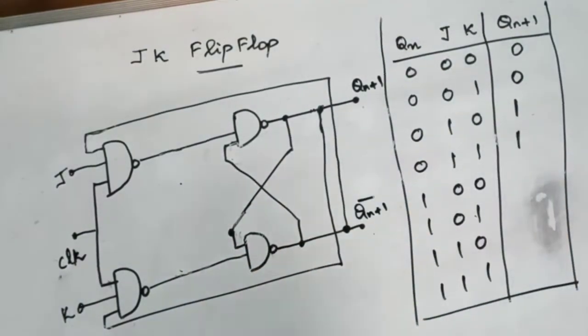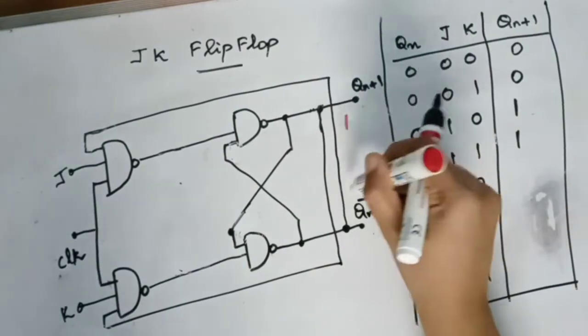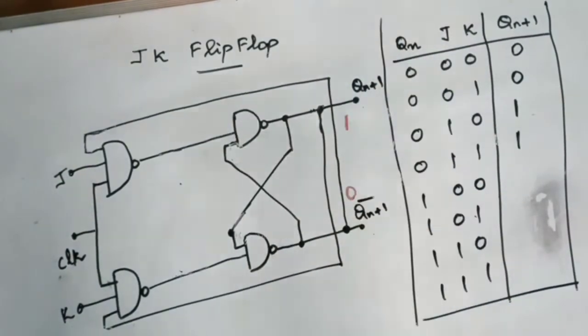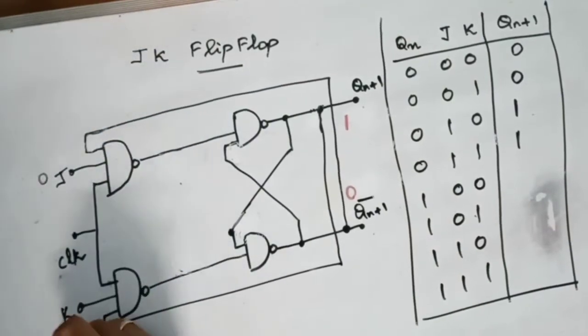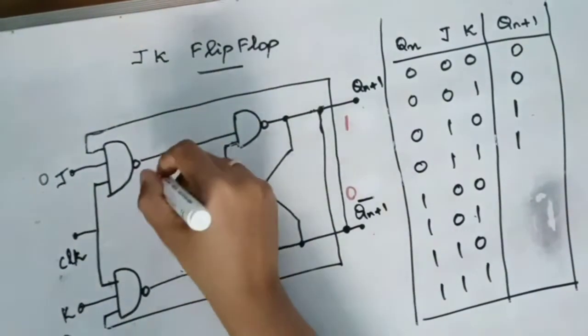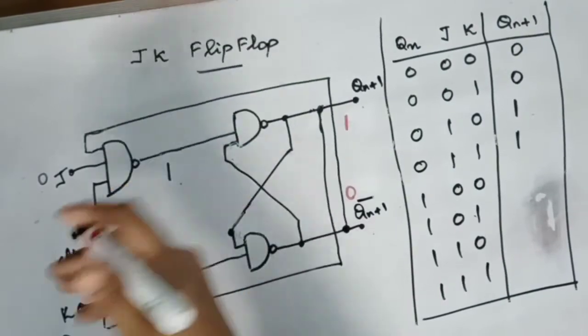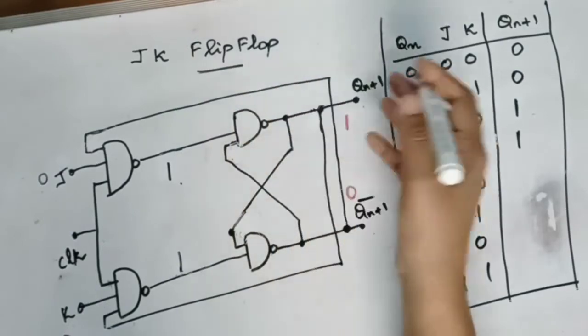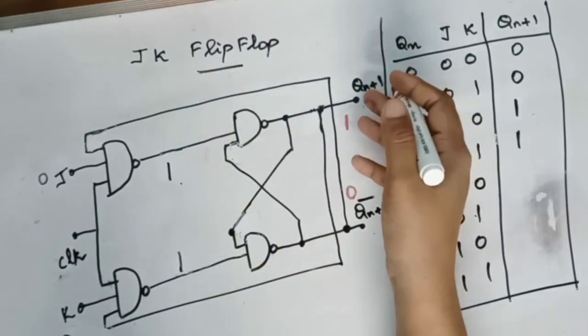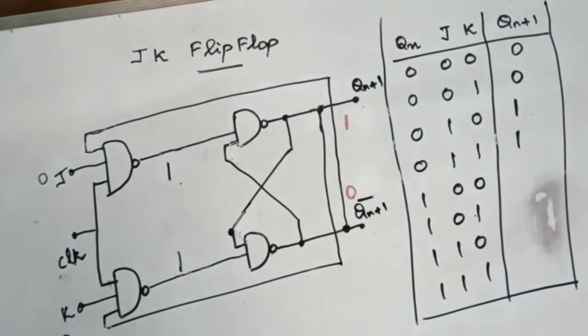So previous state is 1, this is 0 and input is 0 0. So this will be 1 1, you needn't check the third input. So this is 1 1, so you don't know what the next state is unless you take the previous state.